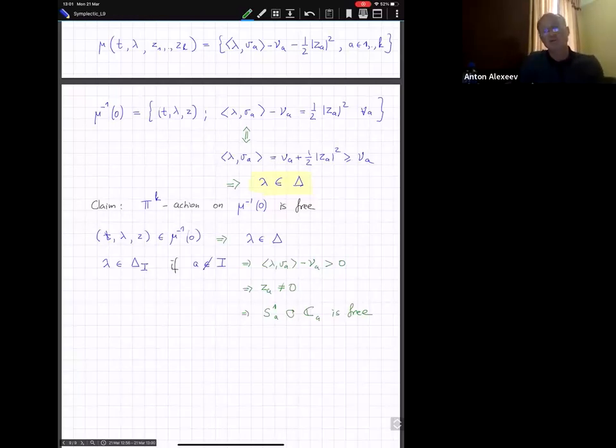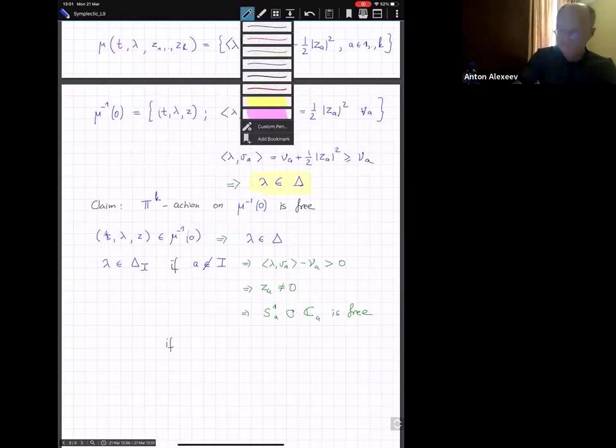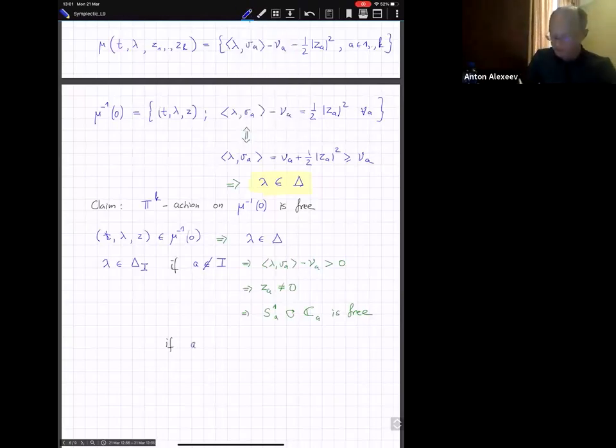So all those circles with indices which are not in I rotate their ZAs freely. Now, what happens if A is in I? Then, of course, those ZAs vanish.